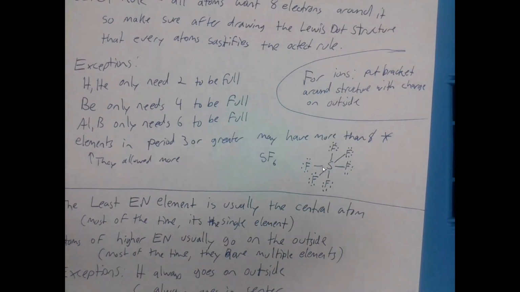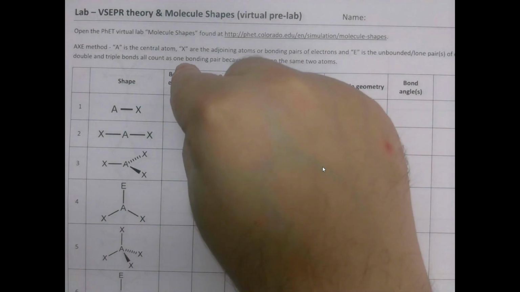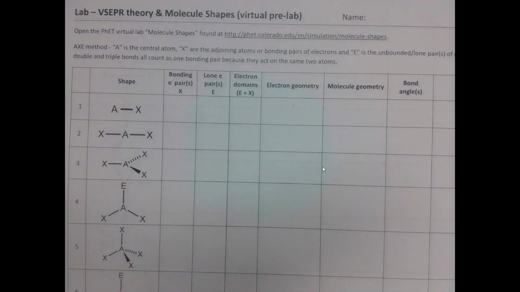For this one, this is bonding electron pairs. Let's do the first, or let me choose one. We'll do a random one together.